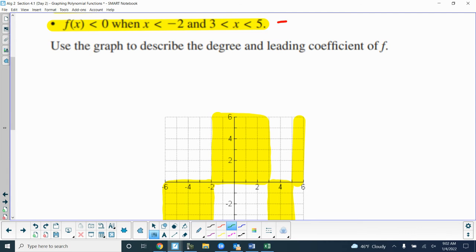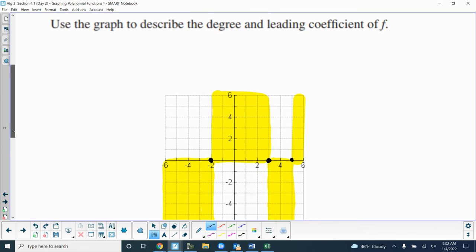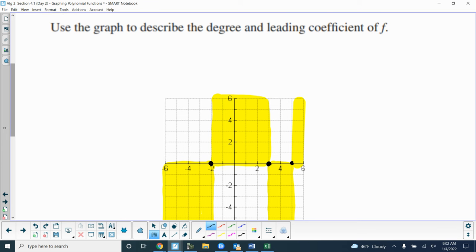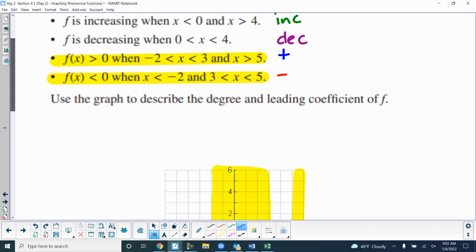All right, so at these points, we have it crossing, right? It's changing from positive to negative or negative to positive. So less than 0, on this side, it was increasing, right?